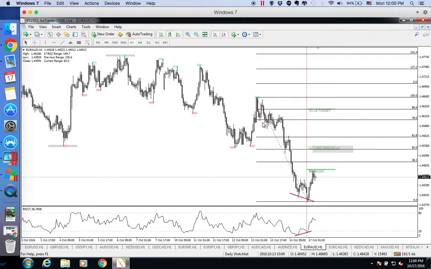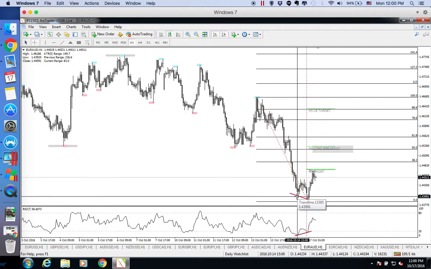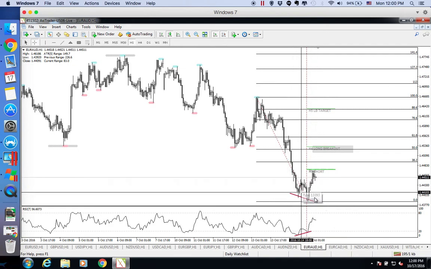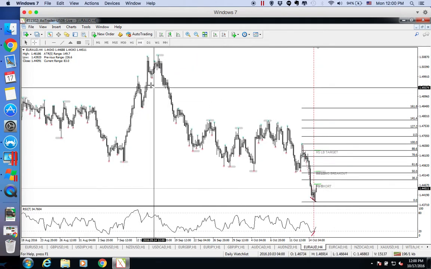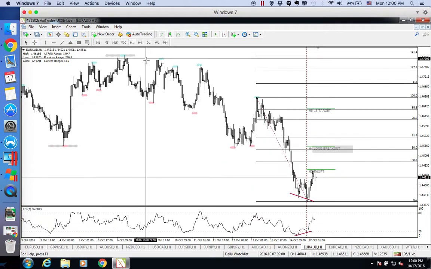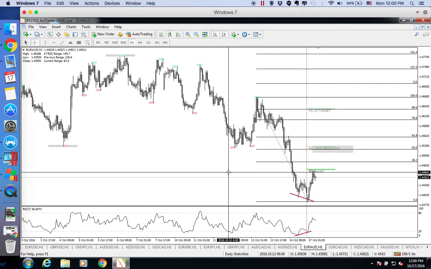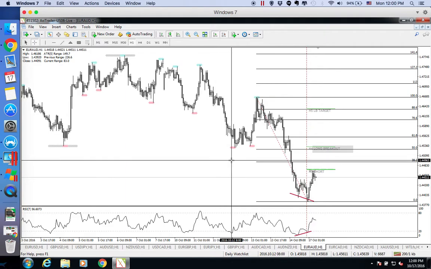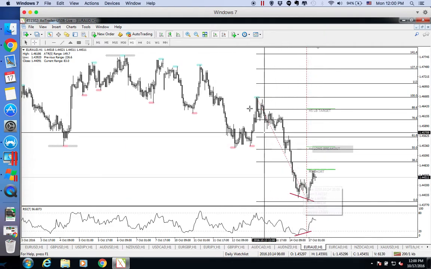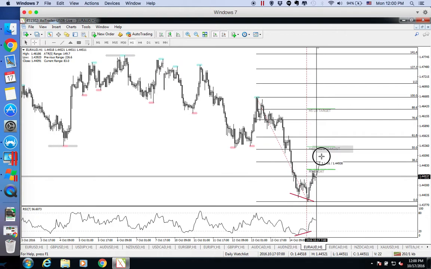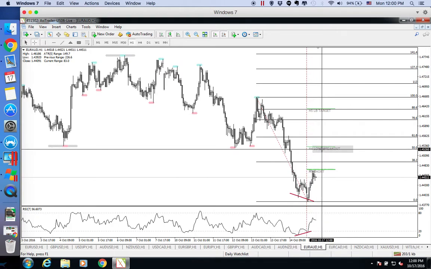Euro Aussie, a very interesting setup, because price is currently showing a double bottom with RSI divergence over here. This means price might be bottoming. If you look at the higher time frame, it's in a downtrend. Even on H1, you can see price broke the previous structure. So there are a few scenarios we can play out on the Euro Aussie. The first one is of course a trend continuation, basically waiting for price to rally up here, 72 pips.